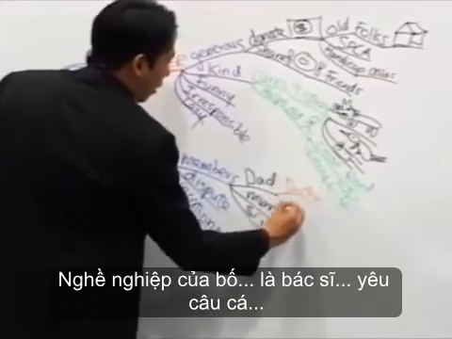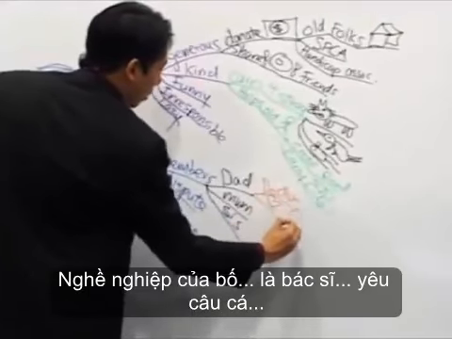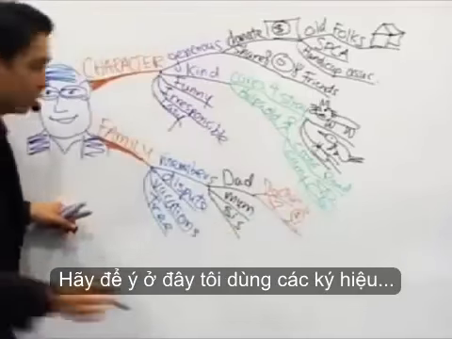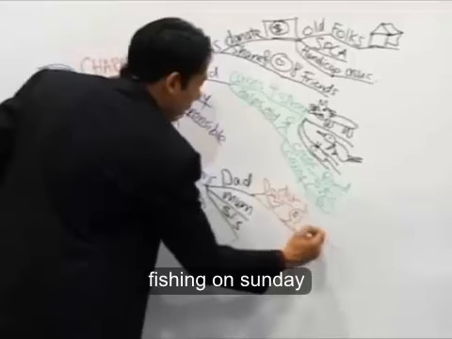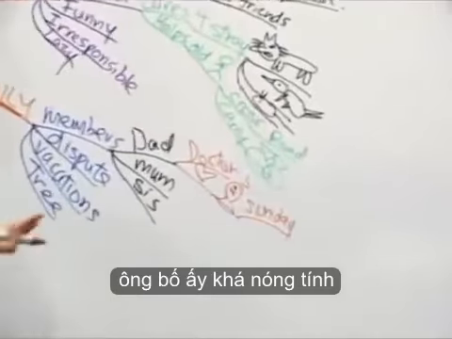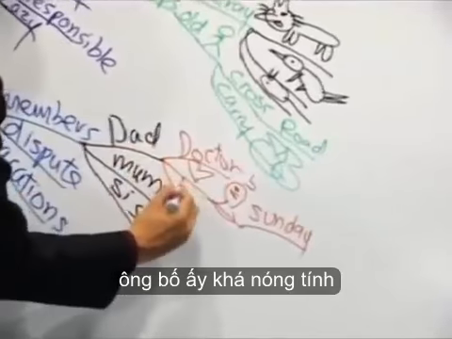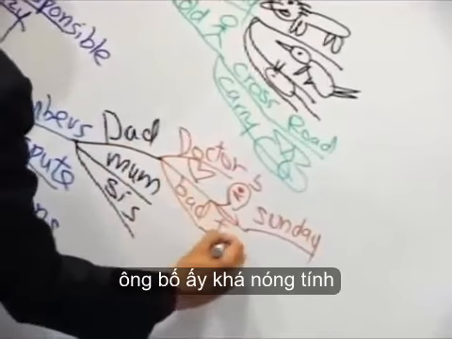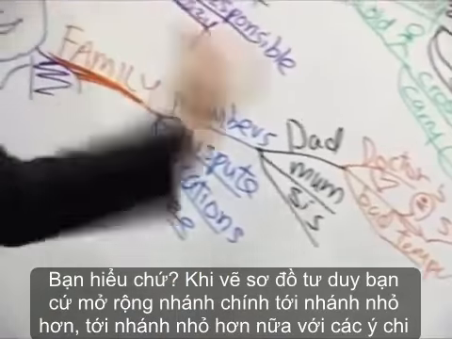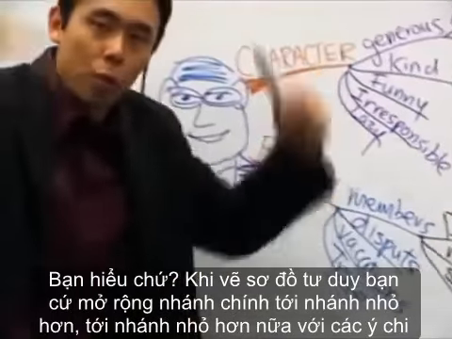His dad loves fishing. Okay, notice I'm using symbols over here. Loves fishing on Sunday. Okay, the dad has a bad temper, alright, so bad temper. Does this make sense? So as you develop a mind map, you branch out and you go further and further into more and more details.